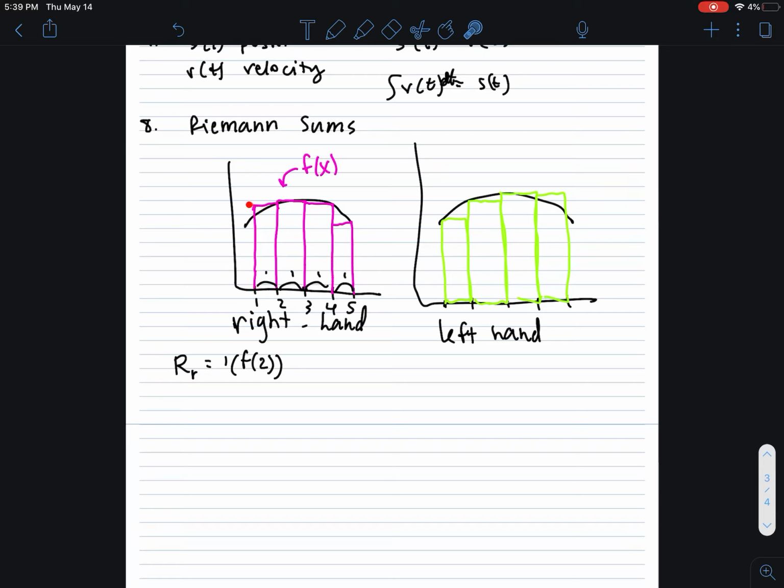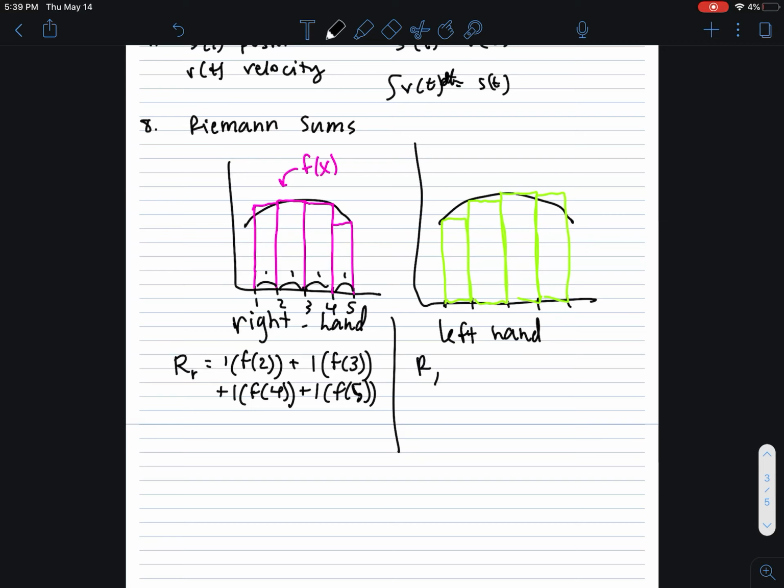F of 2, that's the height, plus 1, that's the width, times f of 3, because in this case, that's the height right here, and then plus 1 times f of 4, and 1 times f of 5 for my 4 rectangles.